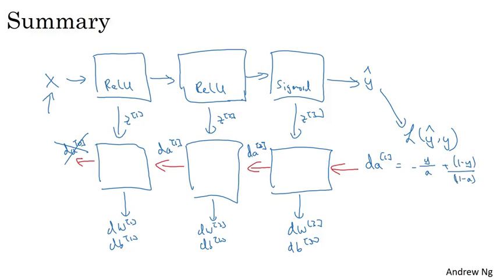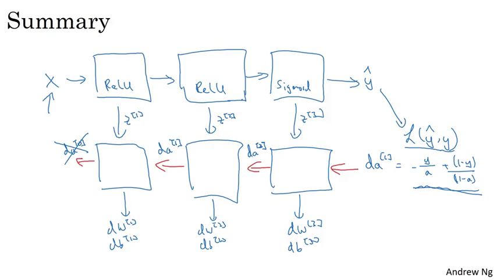So it turns out that the derivative of the loss function with respect to the output, with respect to y hat, can be shown to be equal to this. If you're familiar with calculus, if you look up the loss function L and take derivatives with respect to y hat or with respect to a, you could show that you get that formula. So this is the formula you should use for dA for the final layer, capital L.